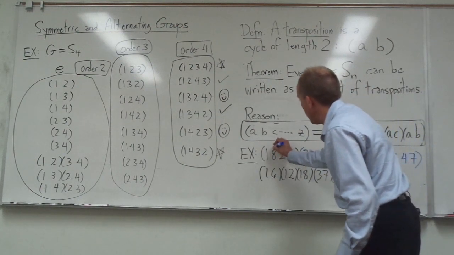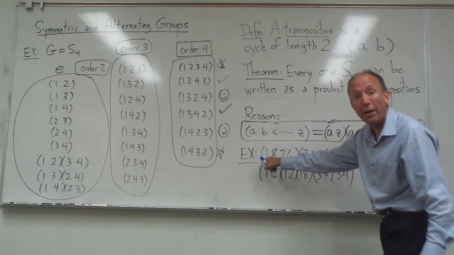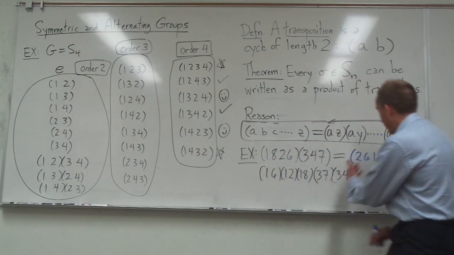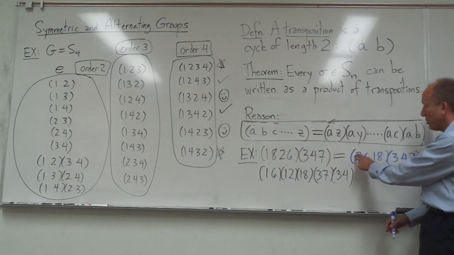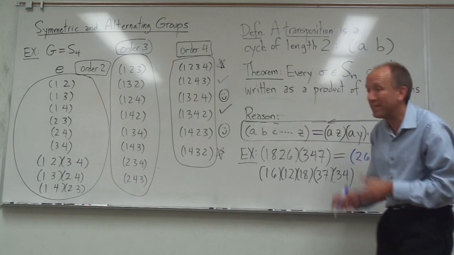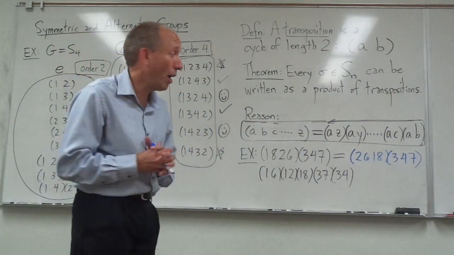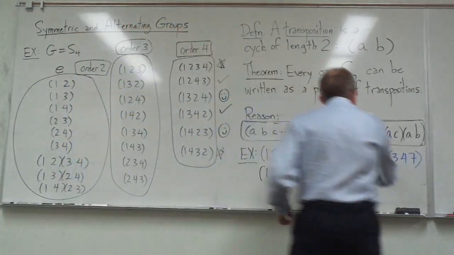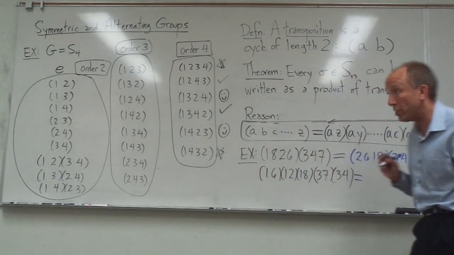Right? 1 goes to 8, 8 goes to 2, 2 goes to 6, and 6 goes to 1. Right? It's the same exact thing that's happening here, right? 1 is going to 8, 8 back to 2, 2 to 6, 6 to 1. It's the same element, just with the numbers in a different order to start with. But if I took this and I wrote down the cycle notation in terms of the transpositions, right?